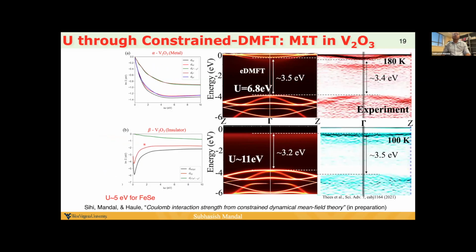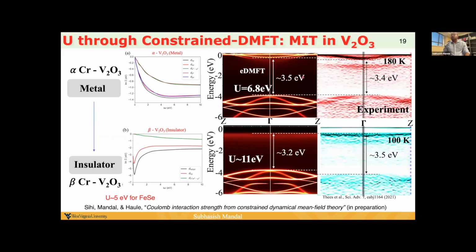I'm just going to show one example that it can actually capture the metal-insulator transition in V2O3. If you calculate the U for the metallic phase, you get around 6.8 eV, and quite a large U for the insulating phase. And the spectra match quite nicely with the recent experiment. So this is something that is coming up soon. With this method, one can calculate U, and for FeSe, it would be around 5 eV.